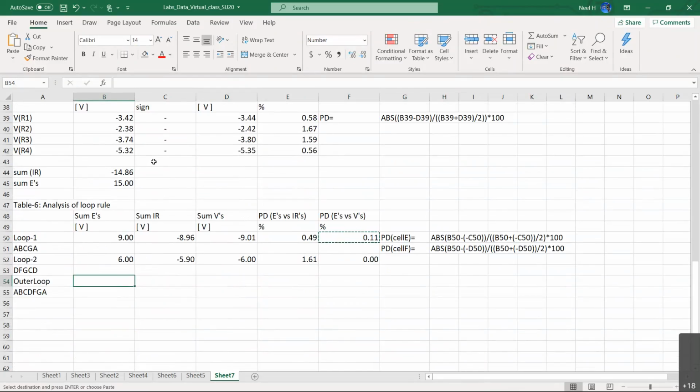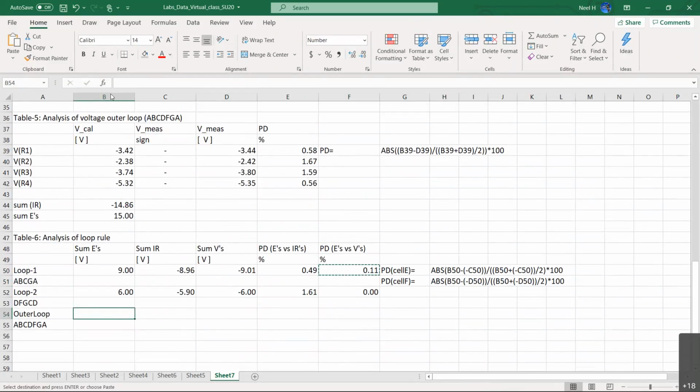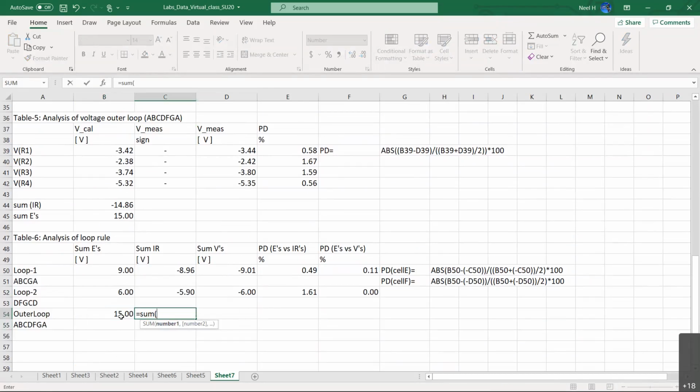Last one, outer loop. All the information for the outer loop you can see in table number 5. Voltage addition is actually the sum of all the E's, which is 15. I have it there. Okay, then equal sign, sum, parentheses. We calculated these four values, close parentheses. You can see I'm getting a very close number.